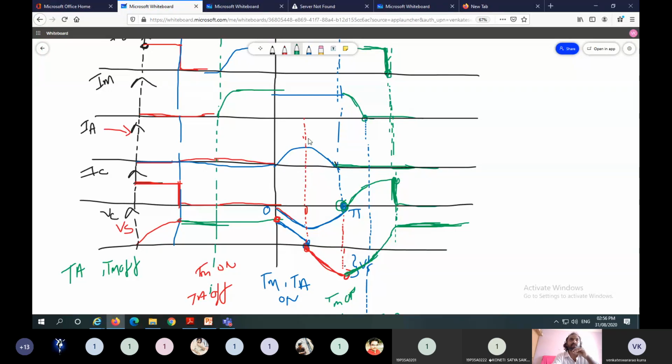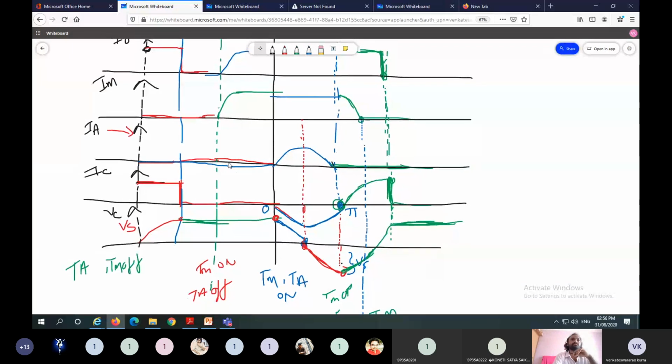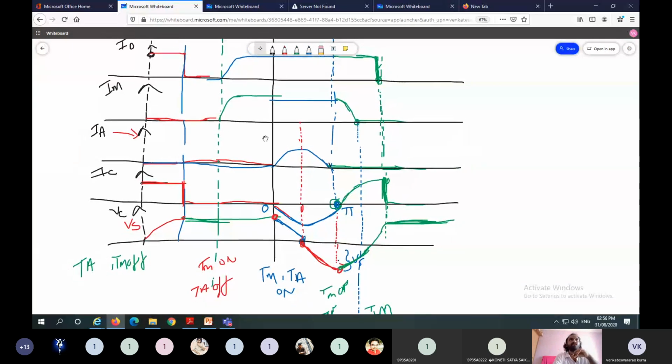So here this total time interval is divided into 3 modes. This duration, the auxiliary thyristor turn on time duration, is mode 1. This one is mode 1. This one is the auxiliary thyristor turn on time.